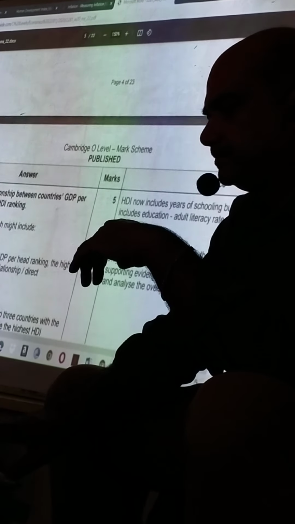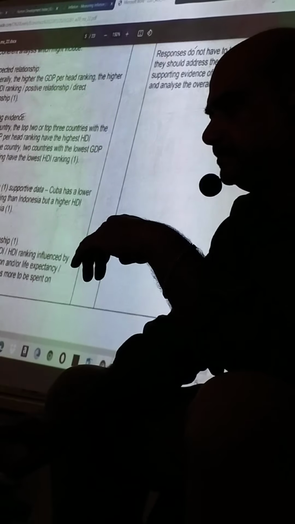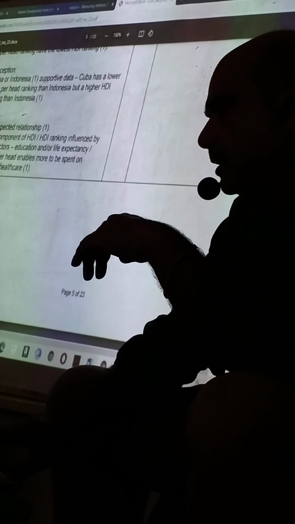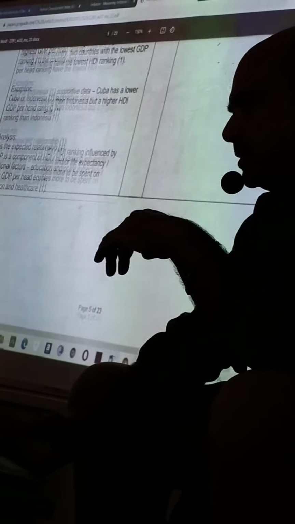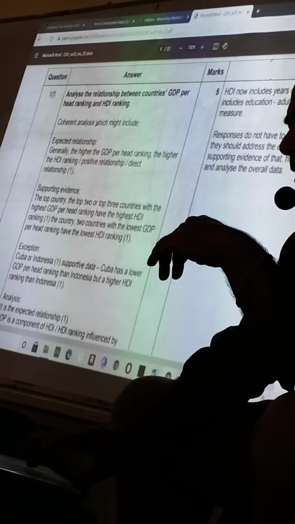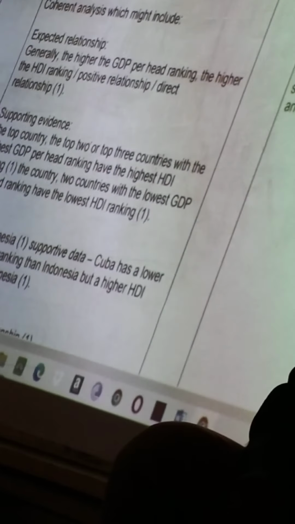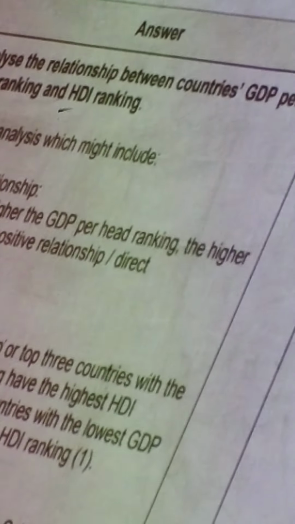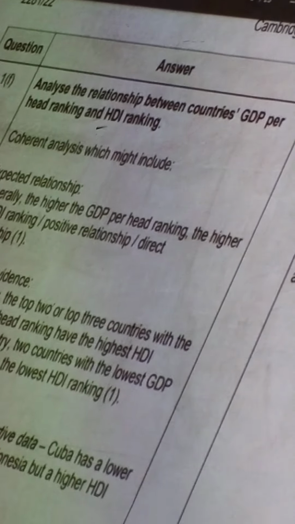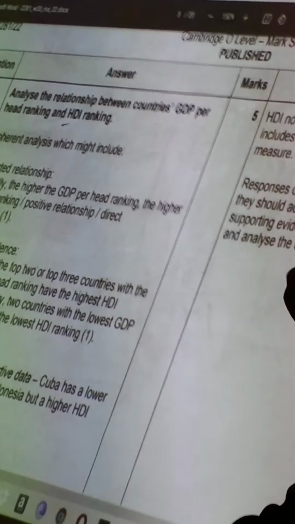And let's see a bigger question. Analyze the relationship between countries' GDP per head ranking and HDI ranking. We haven't done this topic. Okay? But this is a data response question.